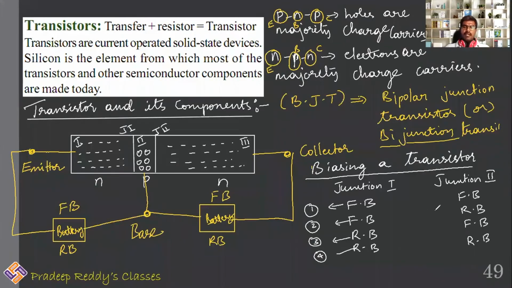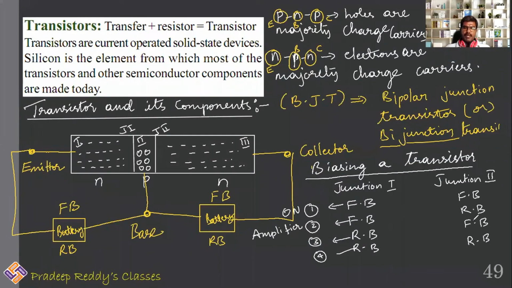And when we are biasing a junction transistor with both junctions in forward bias, we consider it as switch on. First junction in forward bias and second junction in reverse bias, we make use of this type of biasing as an amplifier.